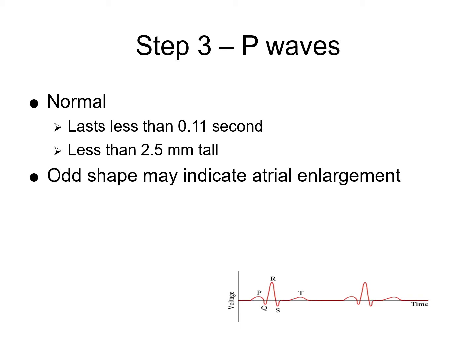Do all the P waves look the same? If they don't, maybe some are generating from someplace else other than the SA node. And is there a P wave for every QRS complex? If not, again, it might not be coming from the atria, or sometimes the P waves are buried or hidden, especially in tachycardias, fast heart rates.